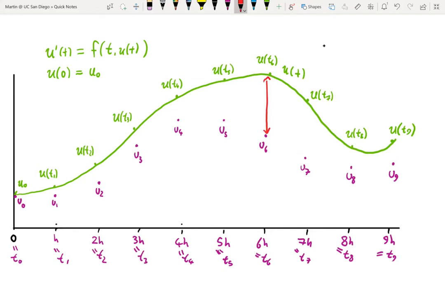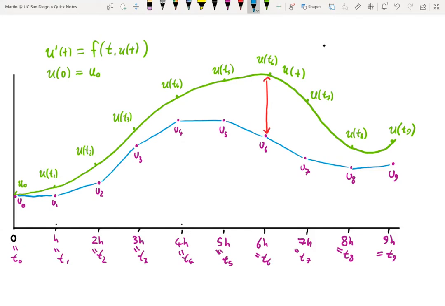The approximations that I've drawn here can also be used to define an approximation of the entire function u. The Euler method has produced approximations of u at the time steps t0, t1, t2, t3, and so on. And suppose I want to know an approximation now for some time in between. One thing I can do is to connect these points that the Euler method has produced by drawing a few lines.